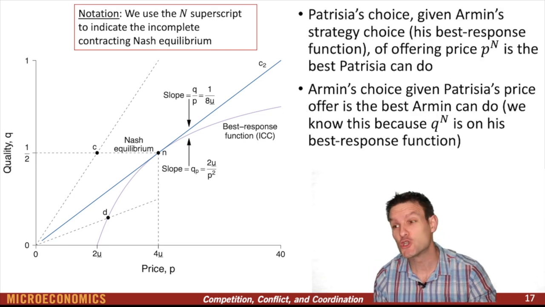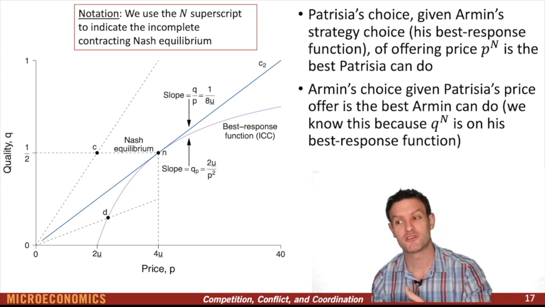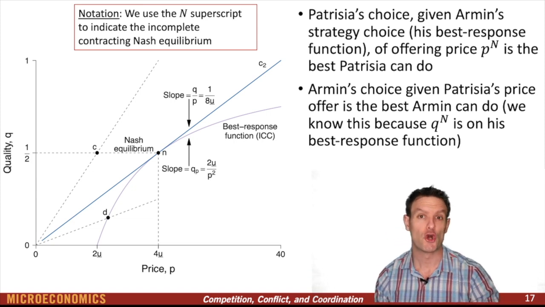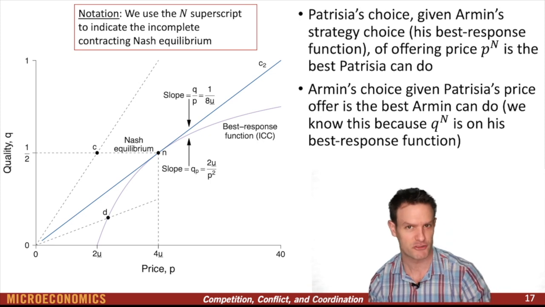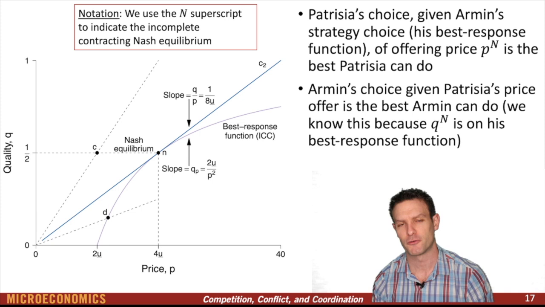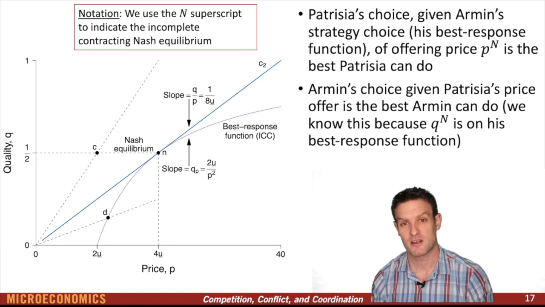Well, it's a mutual best response because Patricia's choice, given Armand's strategy choice determined by his best response function, is to choose her cost minimizing isocost ray. That's the one that's steepest given what's feasible for her to do. And for Armand, his choice, given Patricia's price offer, is the best that Armand can do.